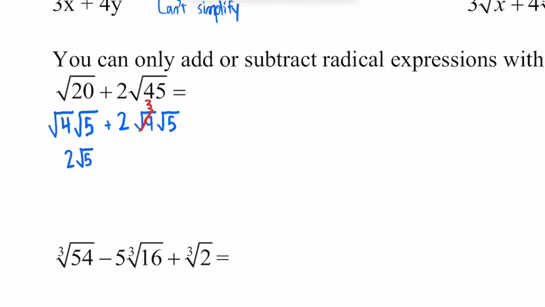So that term becomes 2 times 3, or 6 square root of 5. Now these do have exactly the same root part, which means they're terms that we can combine. We'll leave the root part alone, square root of 5. We add 2 plus 6 at the front, and our solution is 8 square root of 5.